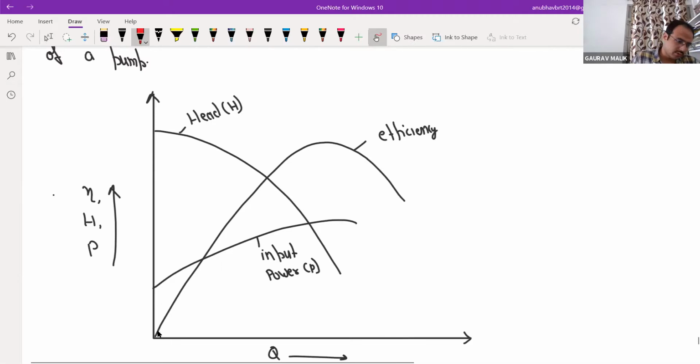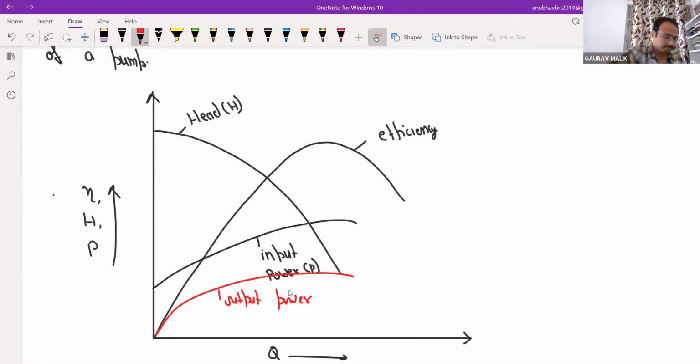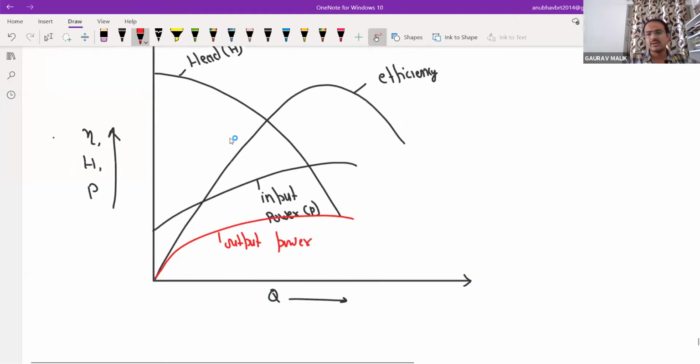And this one is for output power. Draw this one also. I have already explained this graph.